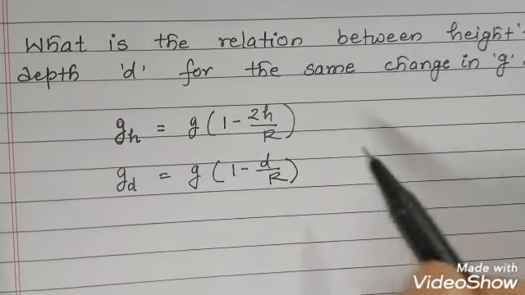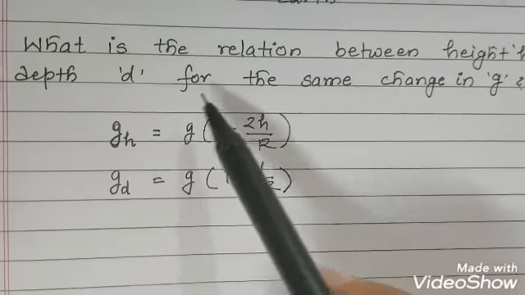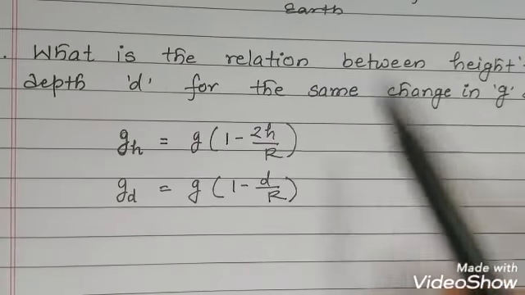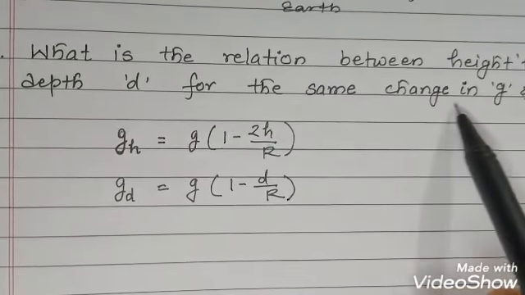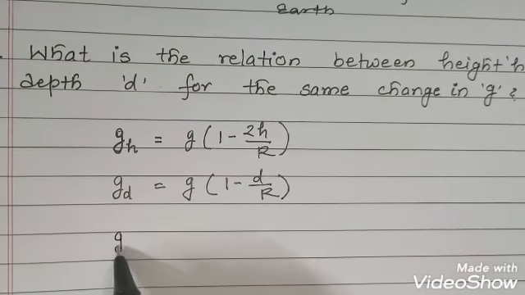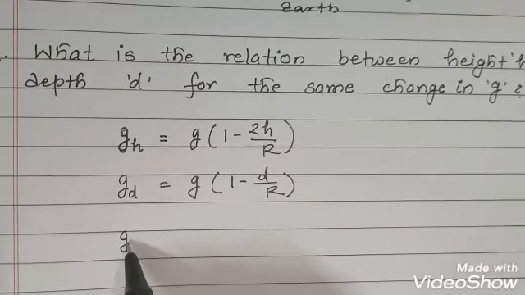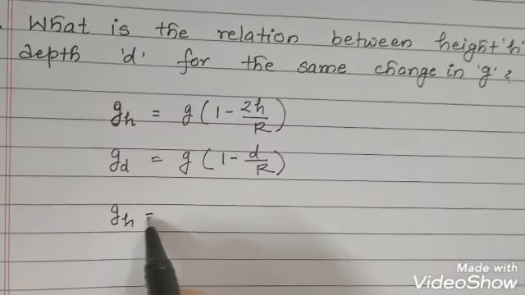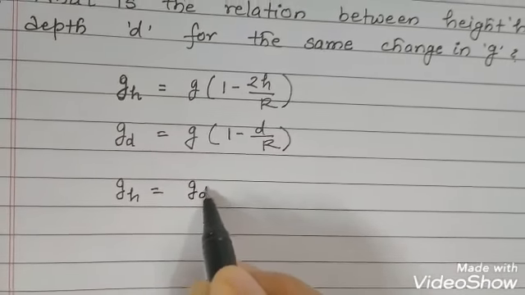Now according to the question, what is the relation between height h and depth d for the same change in g? Same change in g means gh must be equal to gd.